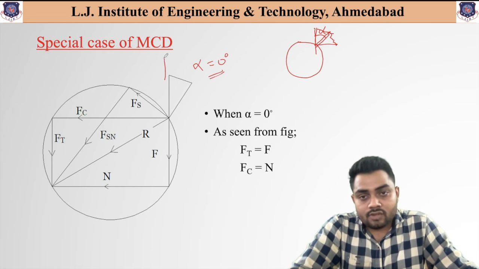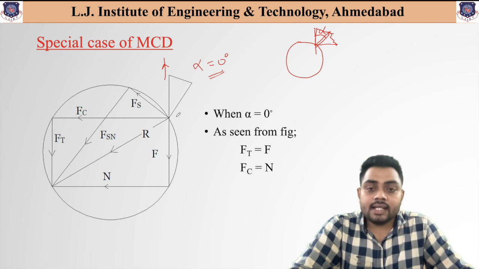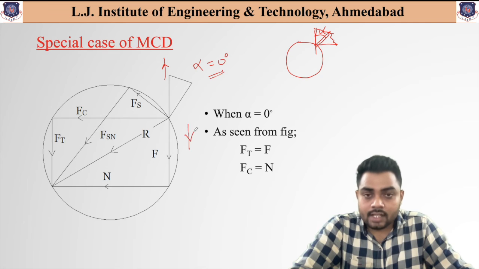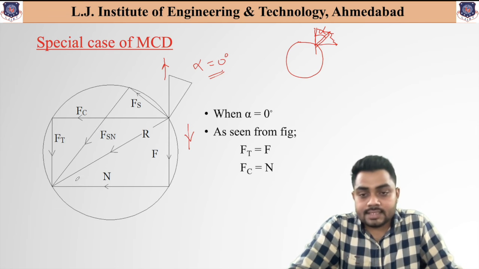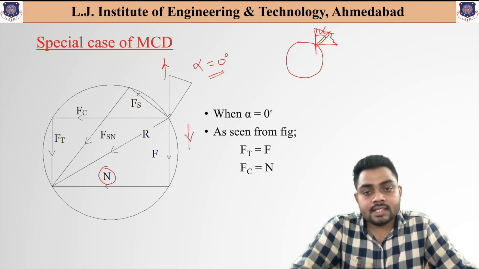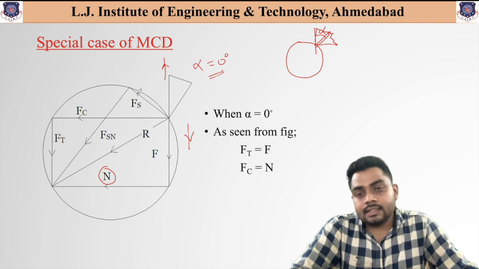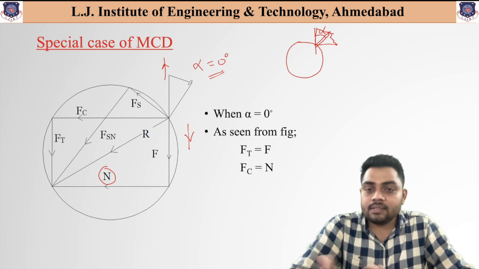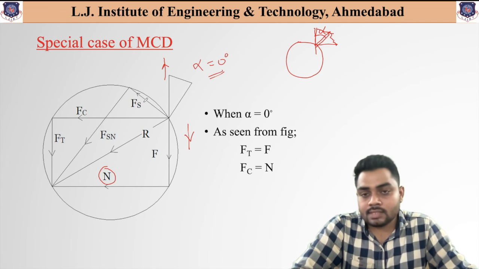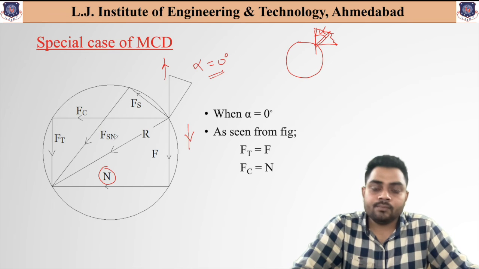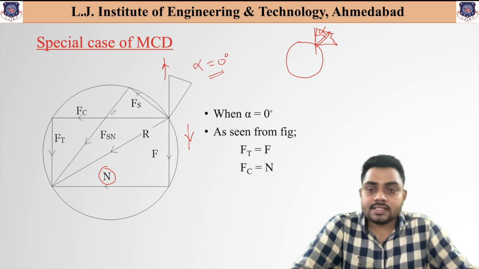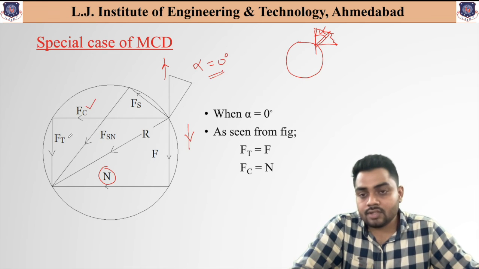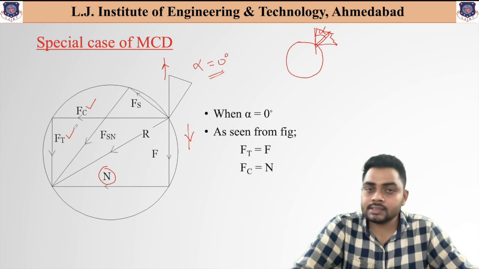As the chip flows in this direction, we get the frictional force in the downward direction, and the force normal to the frictional force is indicated here as N. Second, the shear force Fs acts along the shear plane, and Fs and Fn are the common terms. Similarly, we know the horizontal and vertical forces: the horizontal force gives us the cutting force, and the vertical force gives us the thrust force.